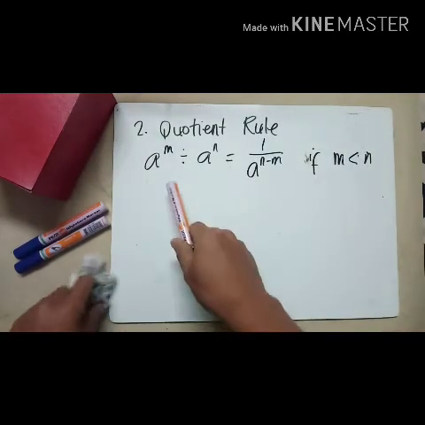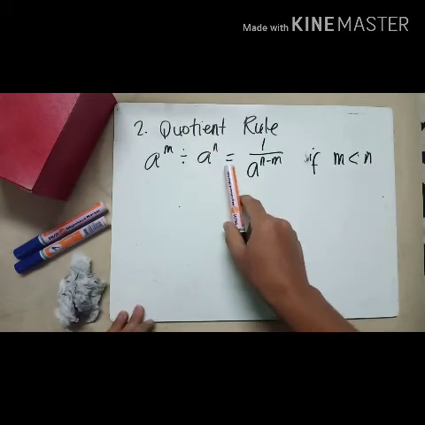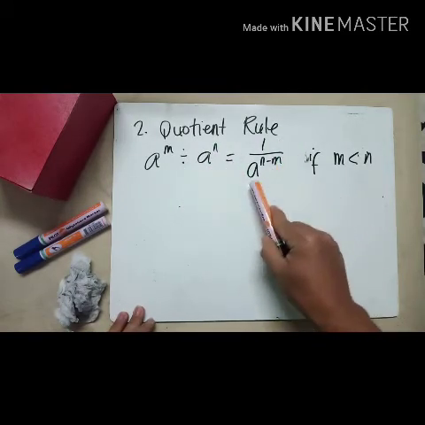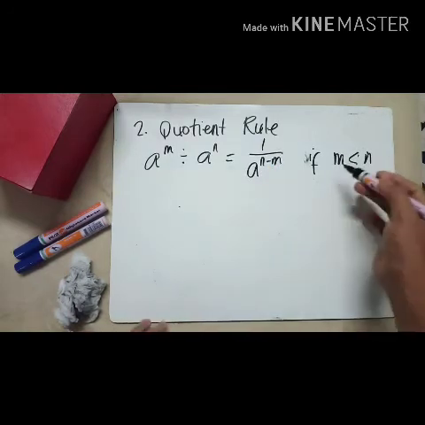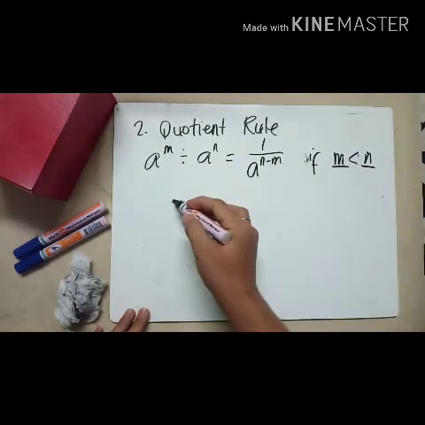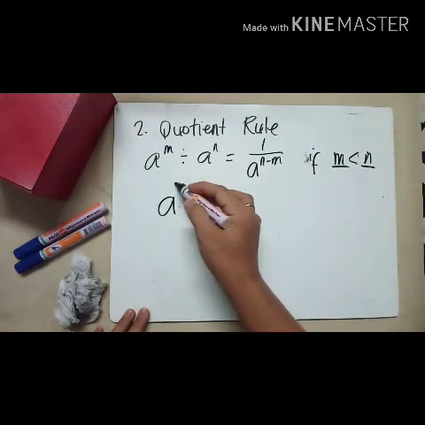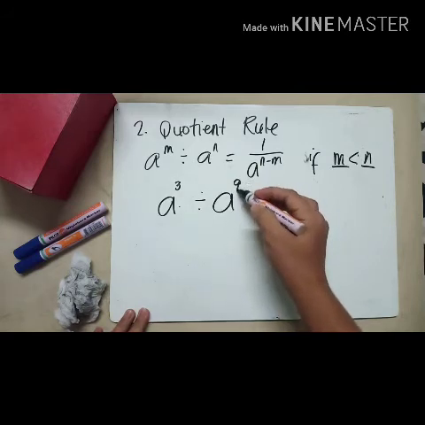And then for the second one, a raised to the power of m divided by a raised to the power of n is equal to 1 over a raised to the power of n minus m if m is less than n. For example, a raised to the power of 3 divided by a raised to the power of 9.